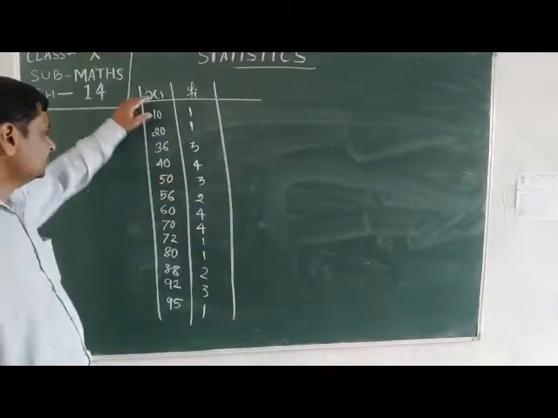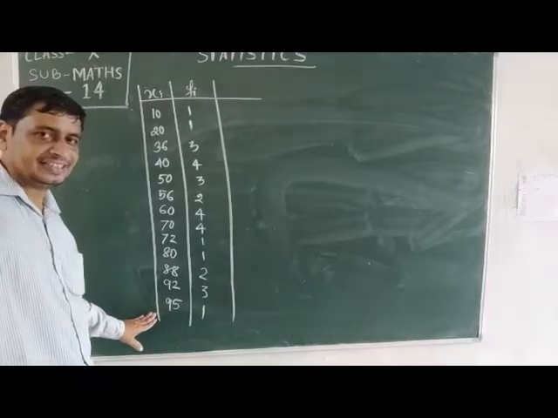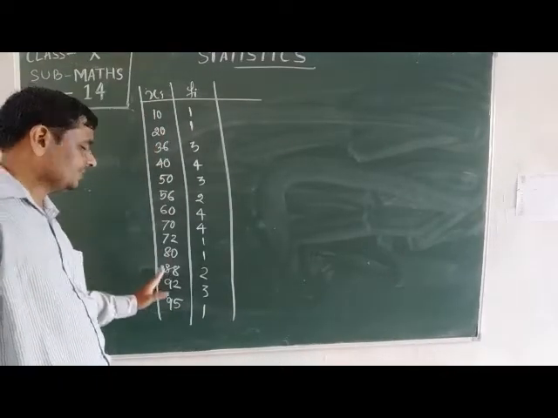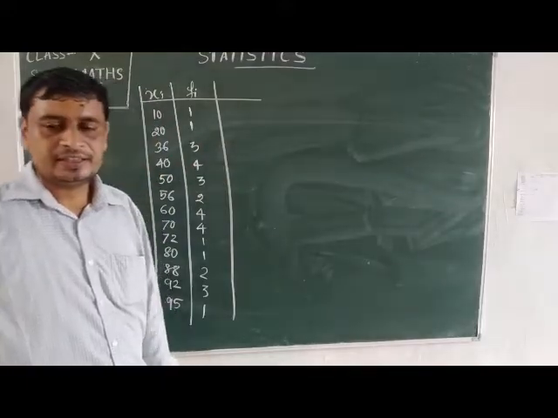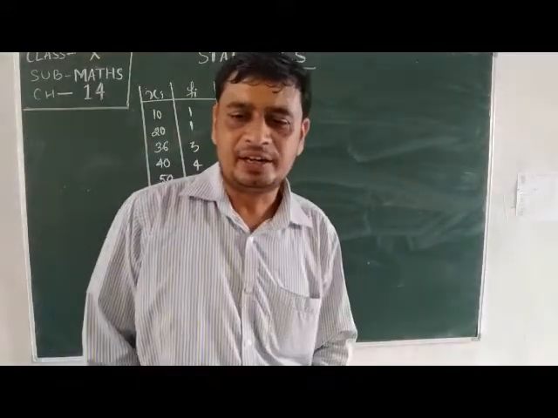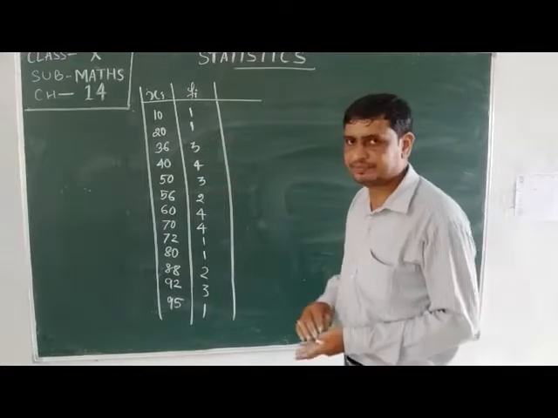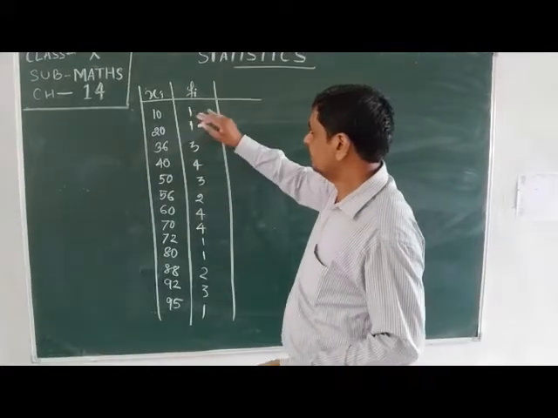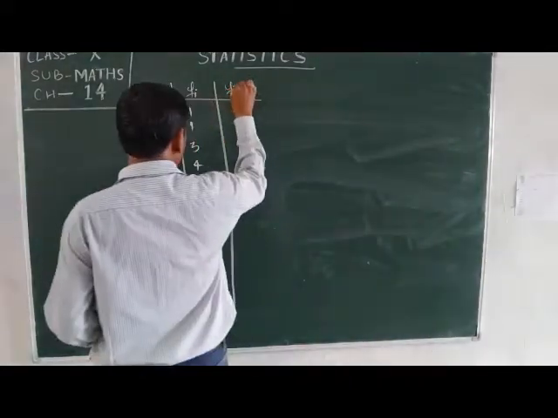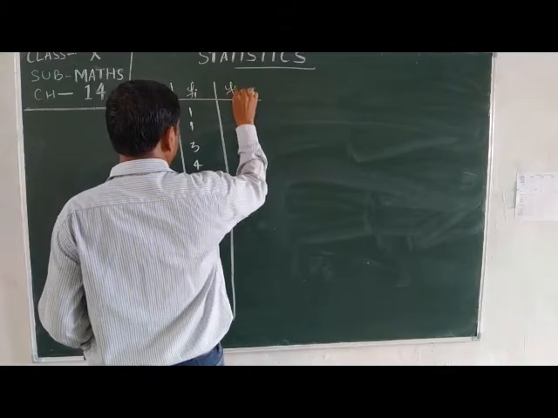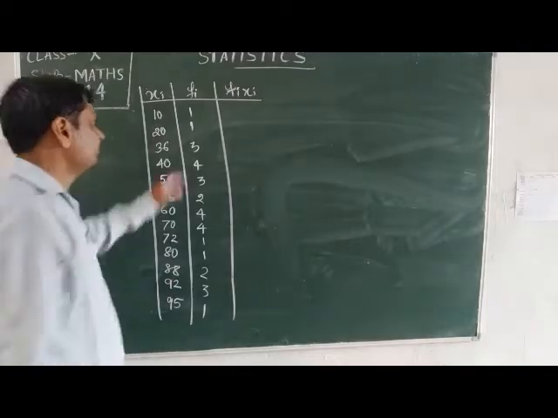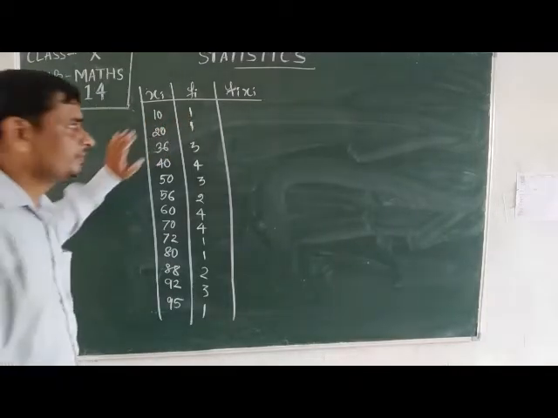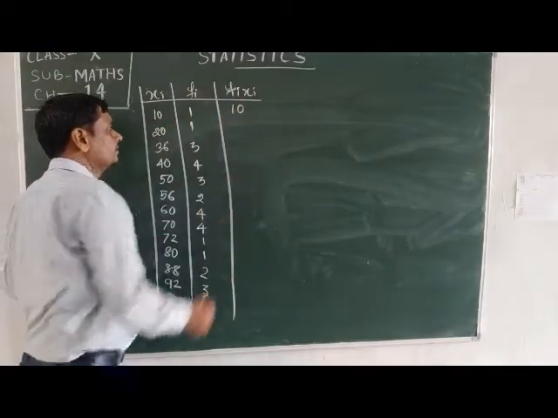Here we have xi, the marks obtained by the students, and fi, the number of students who obtained such marks. We have to find fi xi. Fi xi, that is 10 into 1, 10.